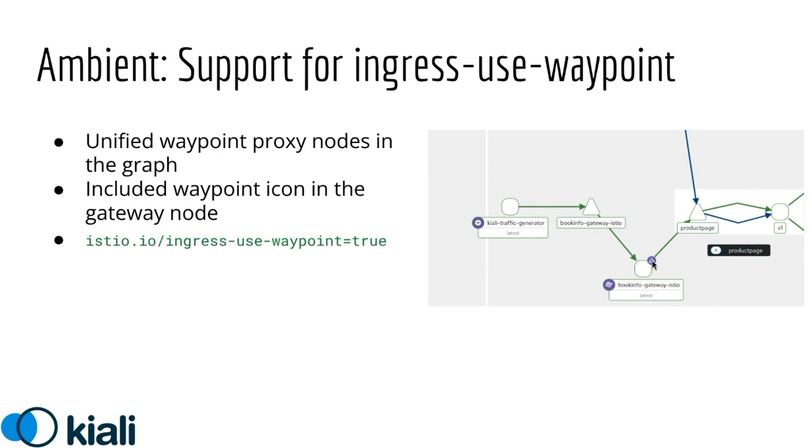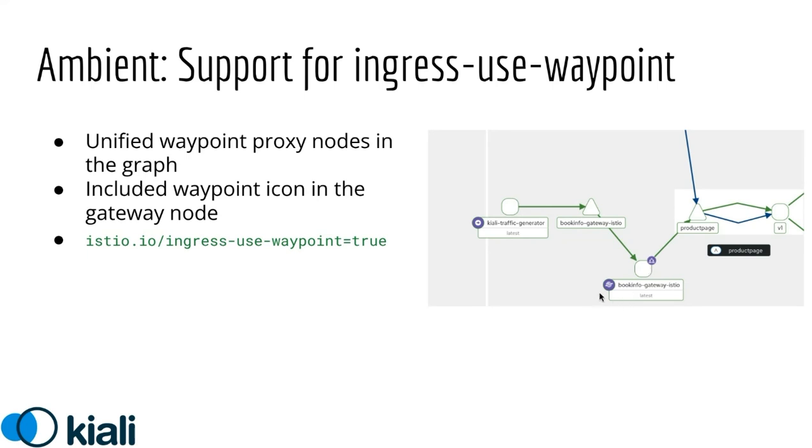Related to this enhancement, we have also added support to include the gateway labels for gateways from the Kubernetes API that were not seen before. So now we can see both of these new icons in the graph that can help us better understand what we have when we have ambient and gateway APIs.